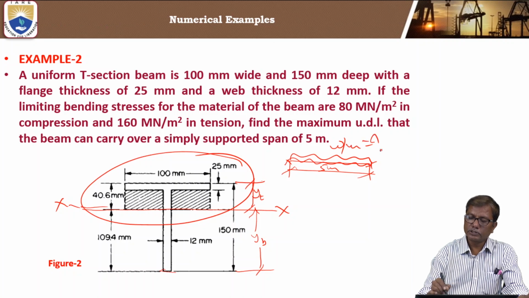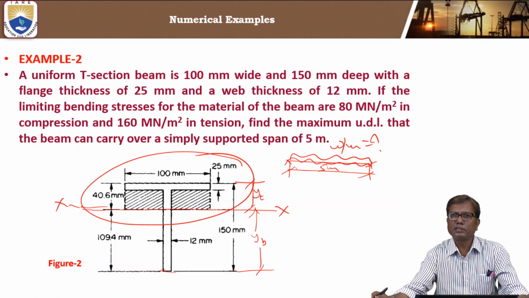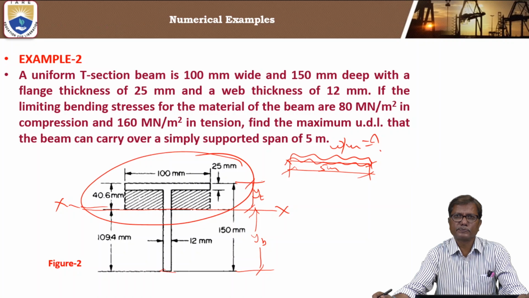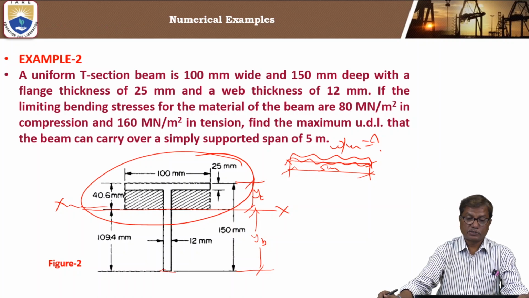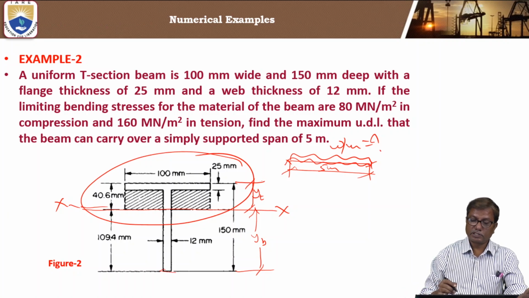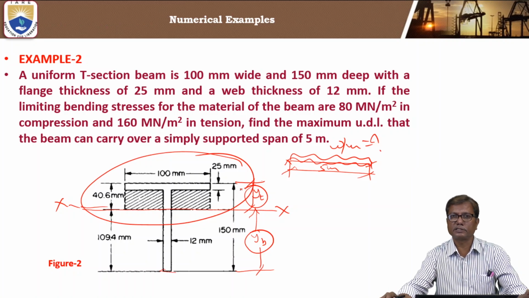This you need to find, so that the maximum compressive stress does not exceed 80 megapascals and tensile stress does not exceed 160 megapascals. Both these conditions are to be satisfied. So, first step is to find the distance of centroidal axis.